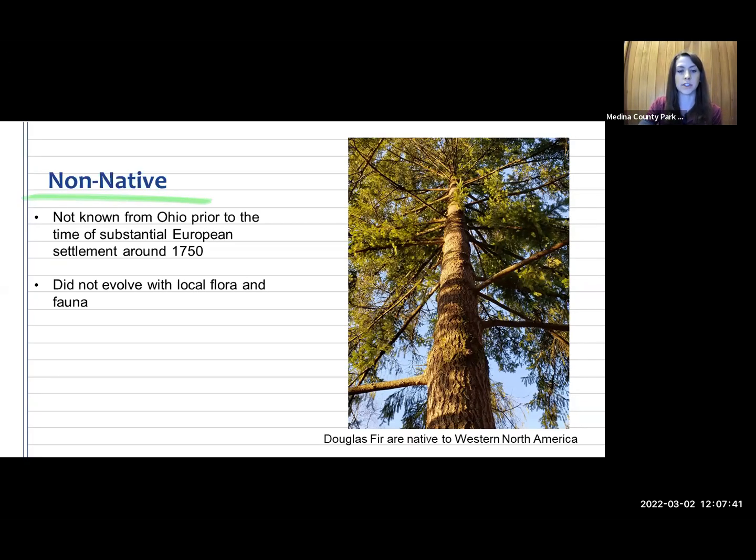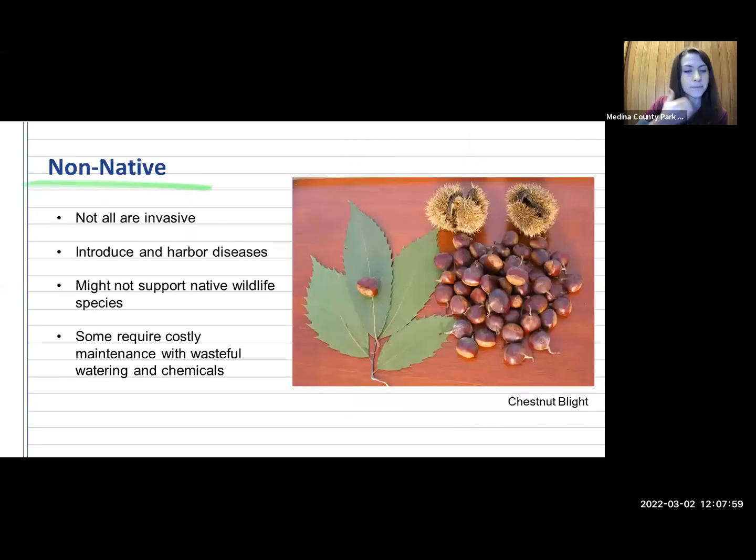The Douglas fir is a good example of a tree that has been brought to this area. It can provide shade and some habitat, but it doesn't fulfill a role as well as a native tree would. Some of our animals and plants might not know what to do with it. But not all of them are invasive.